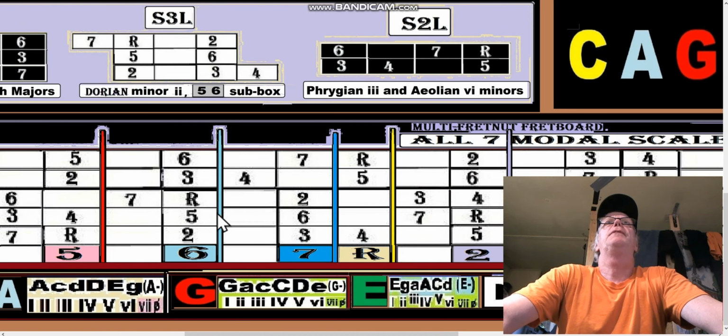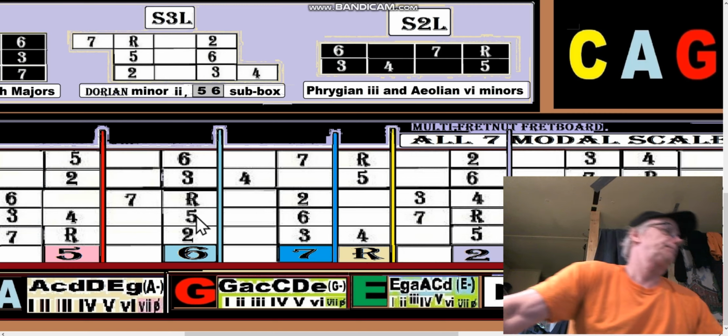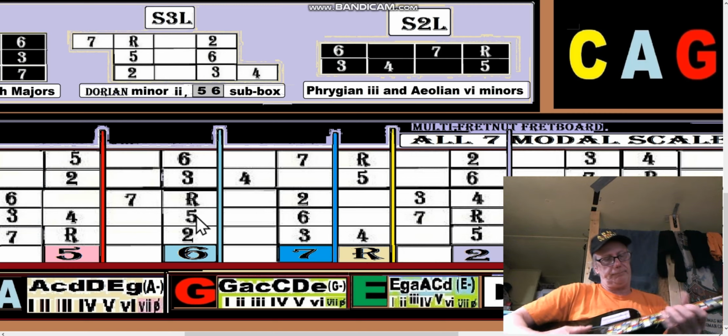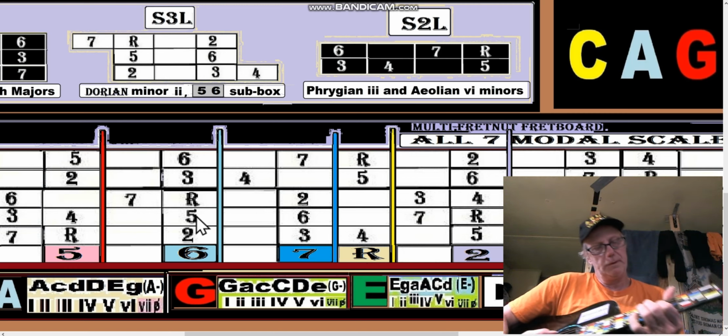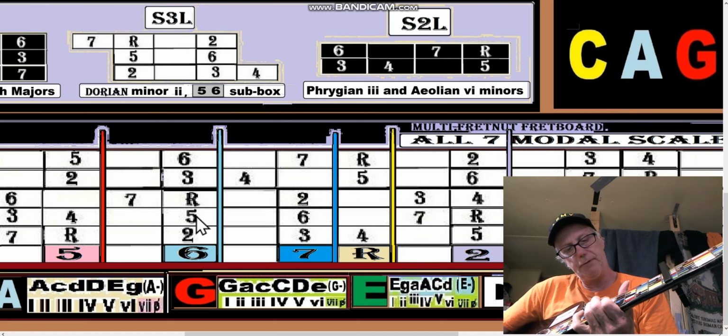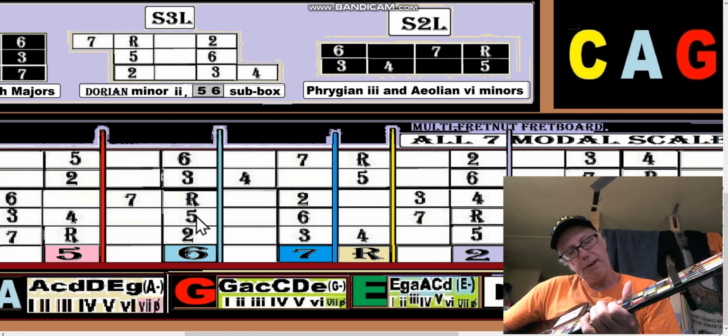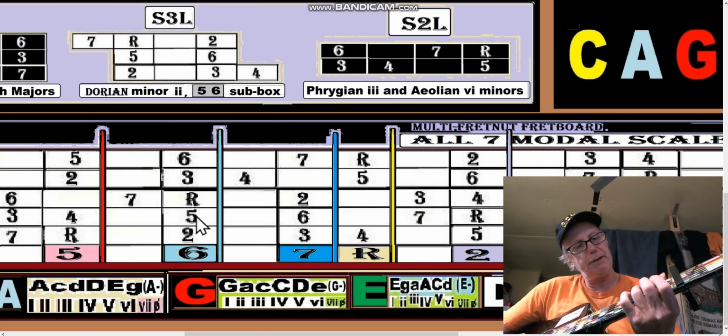Root 3, 5 right here is a C-shaped root. It's the same shape you would play if you were playing a C major. Okay, root 3, 5. And then we got 3, 5 root, and then we can start again here, 5 root 3.